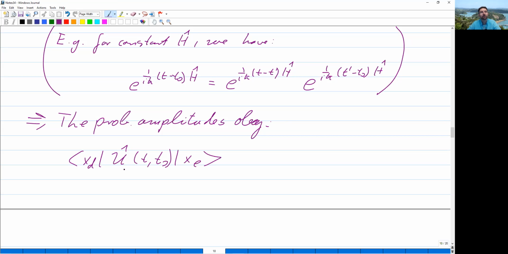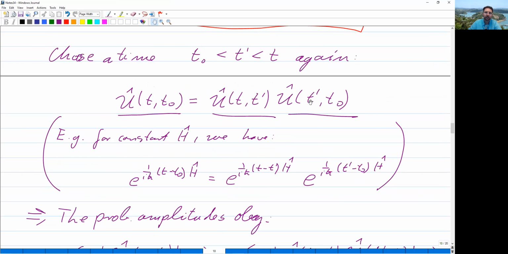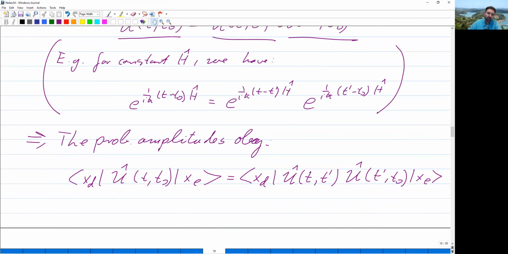That's the probability amplitude for the particle to travel from the initial emission place to the final detection place at the times that we choose. So this we can now write as ⟨xd| û(t, t prime) û(t prime, t naught) |xe⟩, just using that the time evolution operator is factorizing in this way, as it always does in every quantum theory.